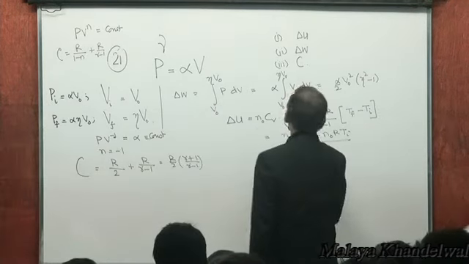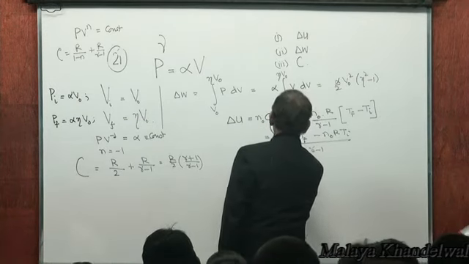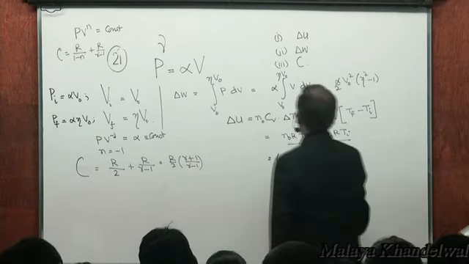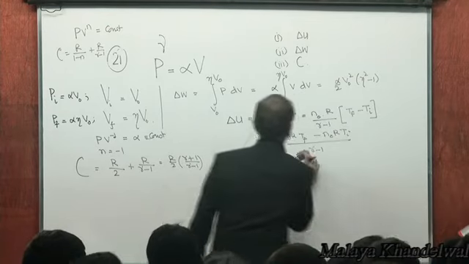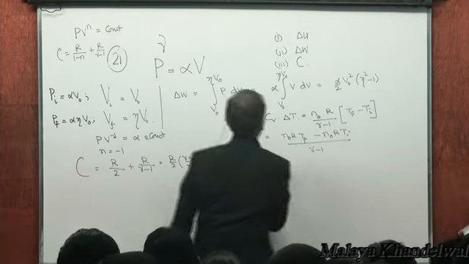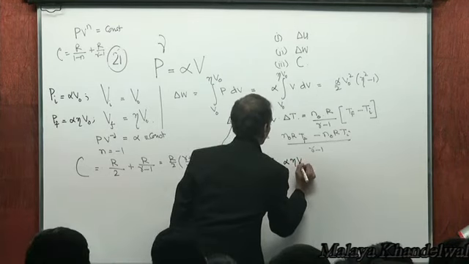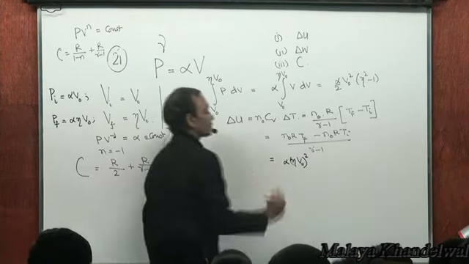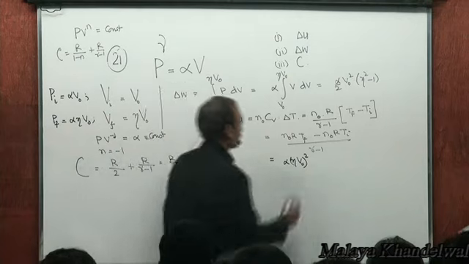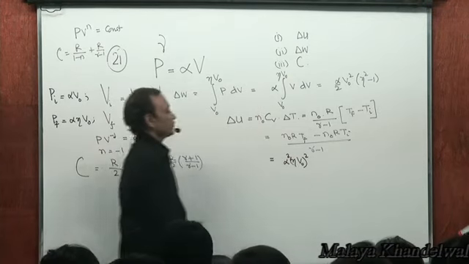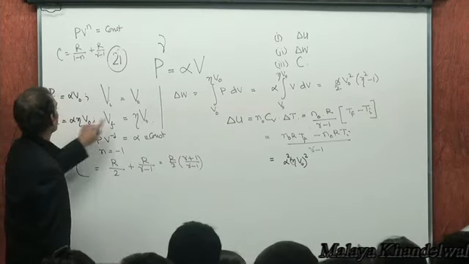N naught R TF, which is final pressure alpha eta V naught into final volume, eta squared, I'm so sorry, alpha into eta V naught. See, final pressure is this, final volume is this.